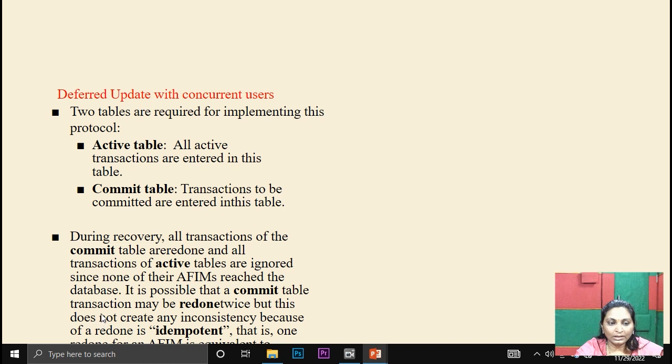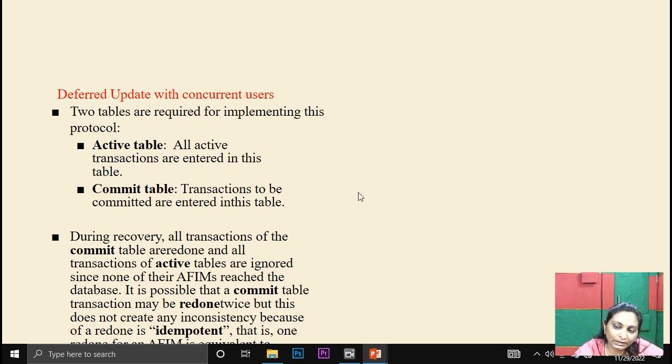It is possible that commit table transactions may be redone twice, but this does not create any inconsistency because redo is idempotent. If the system crashes, all the transactions in the commit table will be redone because they were successfully completed.